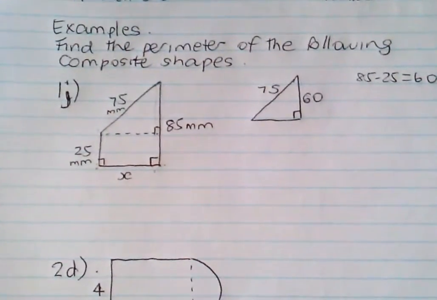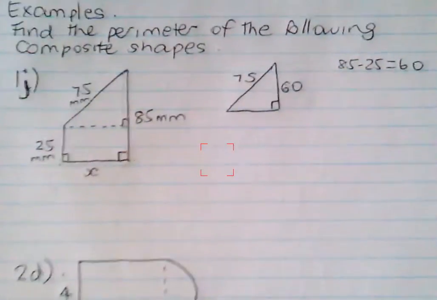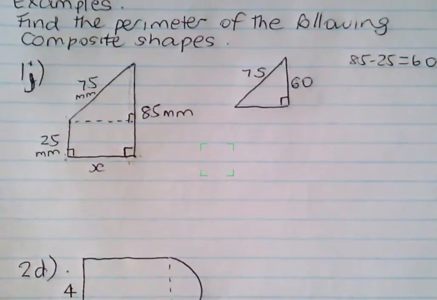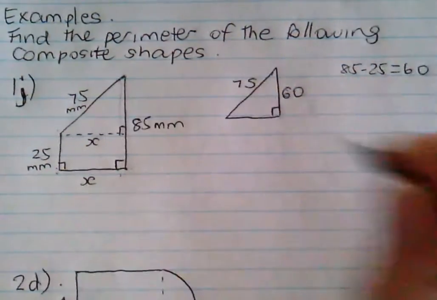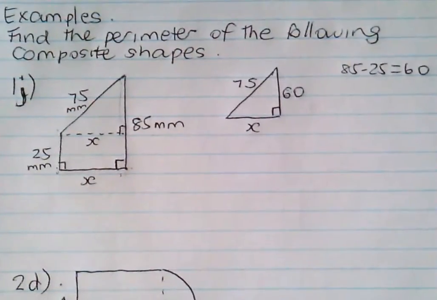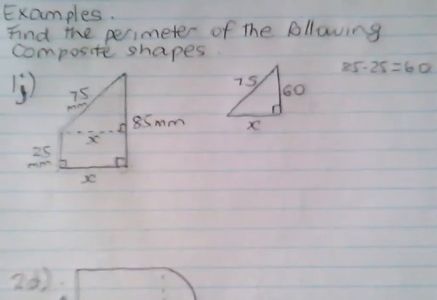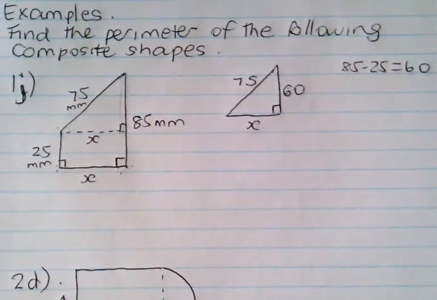Now, you can use Pythagoras' theorem two ways. You can use it to find the length of the longer side or find the length of the shorter side. So if I write x there, this is also x because it's the same. When you've got a right angle triangle, there are two things you can do with it.